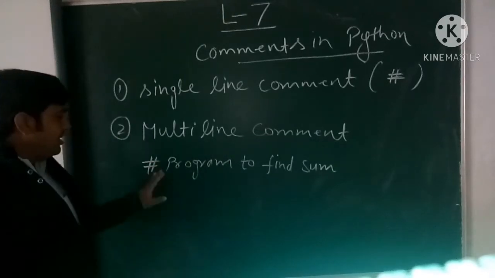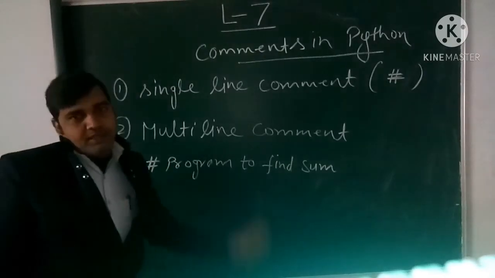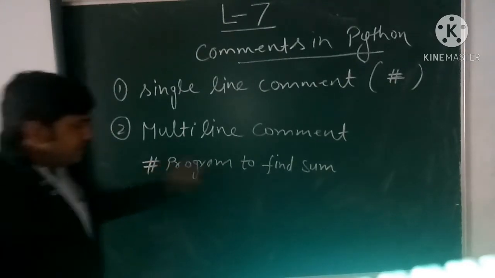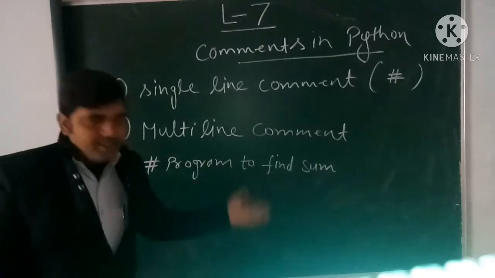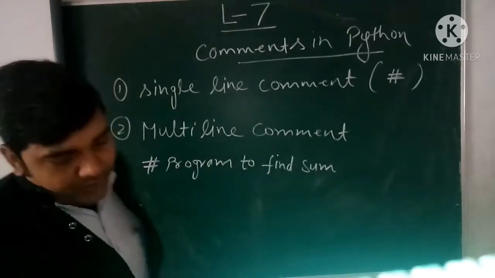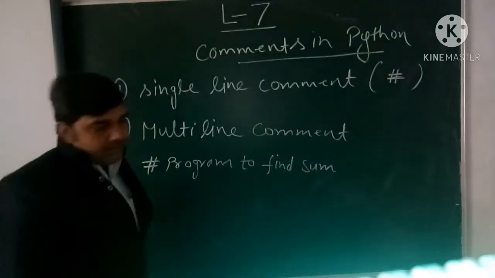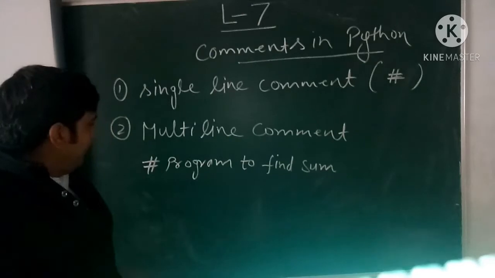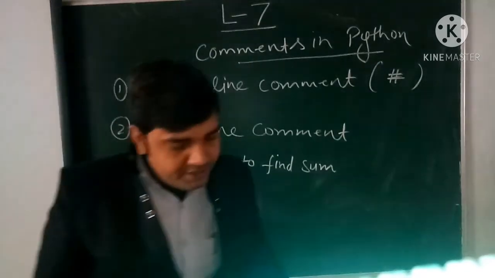The hash tells the interpreter that this line is not a part of the program, so the interpreter will not execute lines which follow the hash symbol. This means it is a comment, not a part of the program. So why are comments written? Comments are statements added to a program to make the code easier to understand.